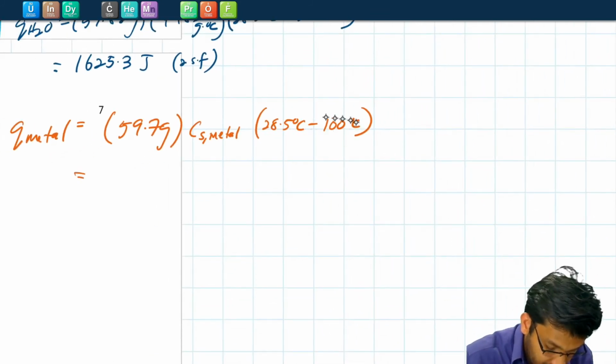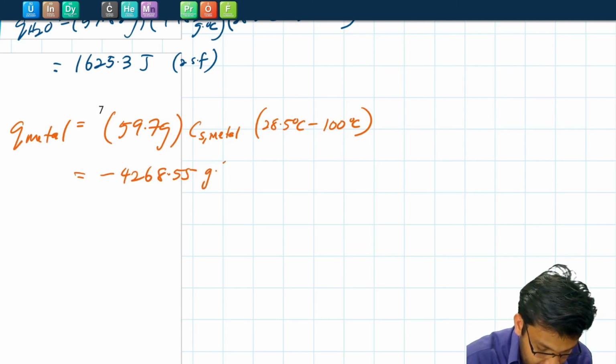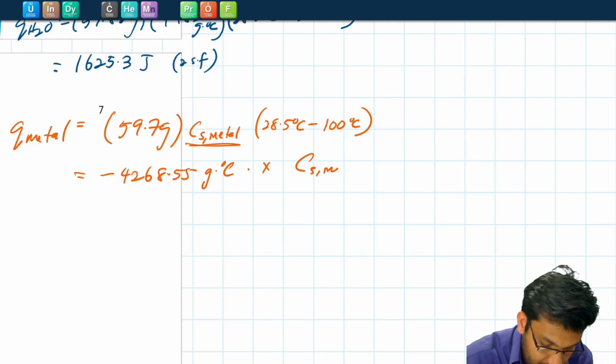If you subtract this and then multiply it by 59.7, multiply it by the Cs of the metal, we get something like negative 4268.55 grams times degree Celsius. So it's grams times degree Celsius times the specific heat capacity of the metal, which we don't know.